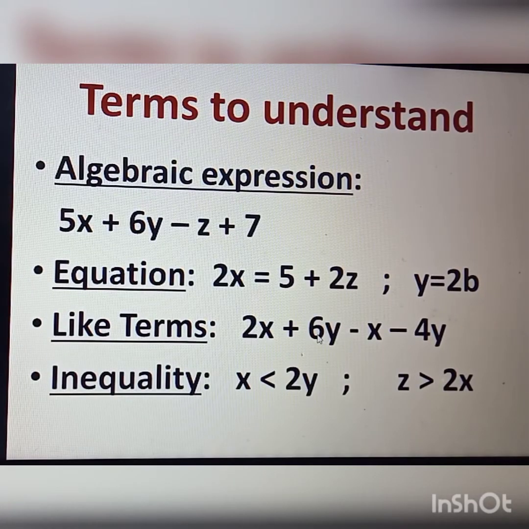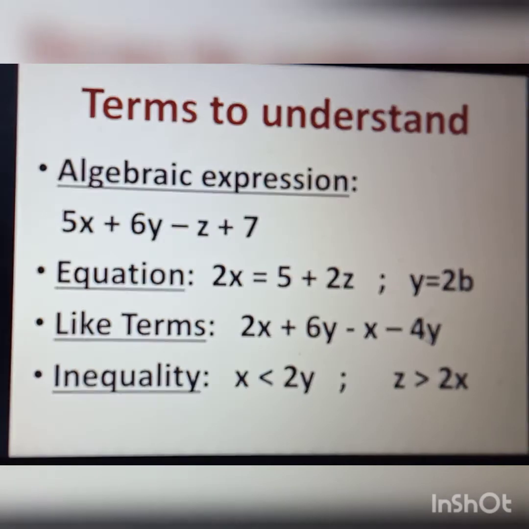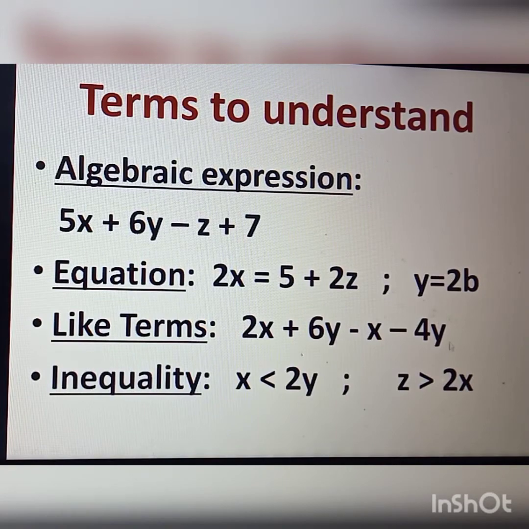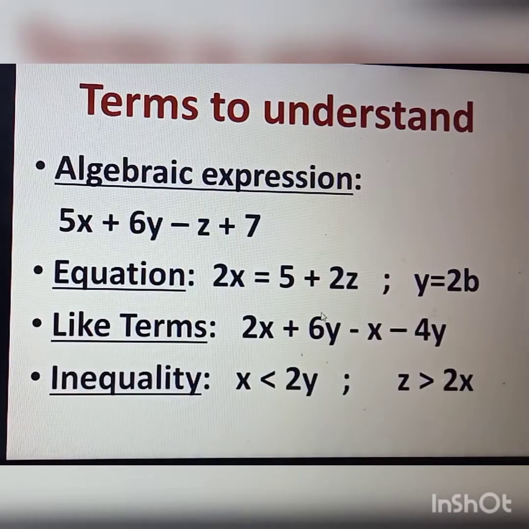Similarly, if someone asks what the like term is for 6y, you try to find any term which has the same variable. Here you can see minus 4y is the like term for 6y. So you can group 6y with minus 4y, and you can group 2x with minus x. And why is there a need to understand like terms?